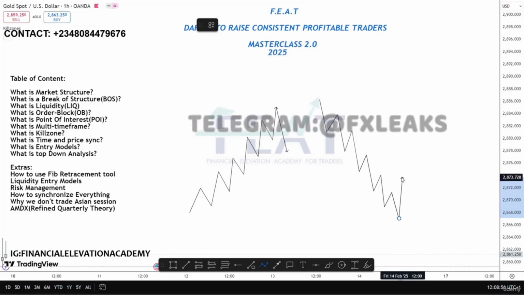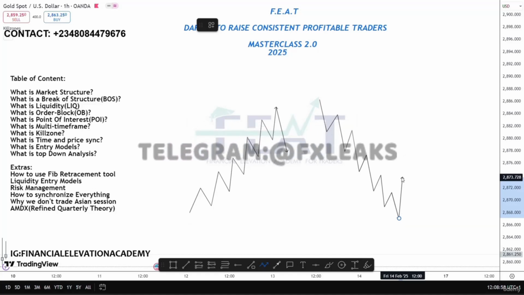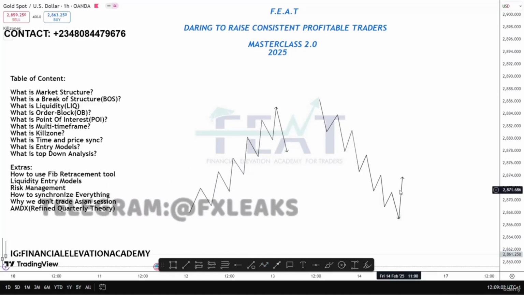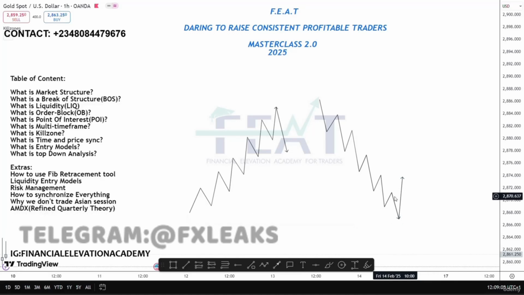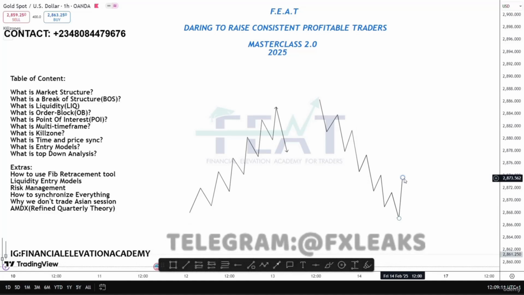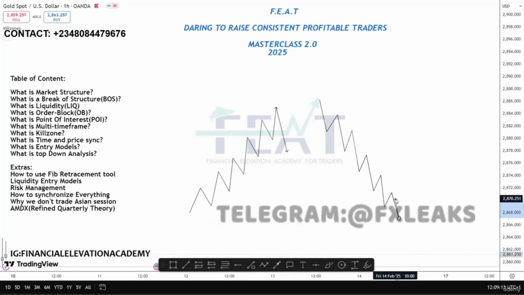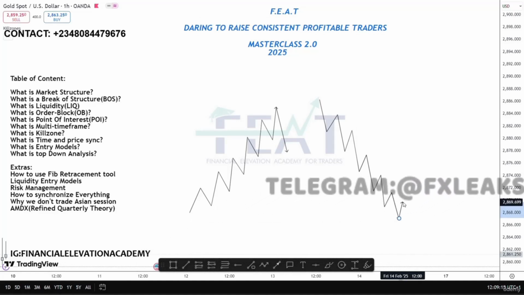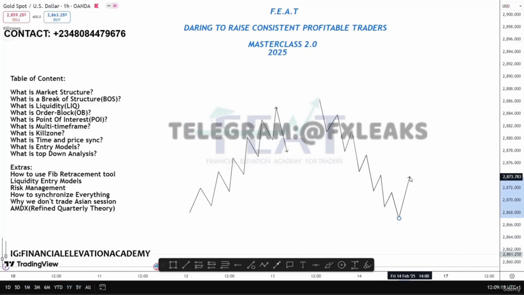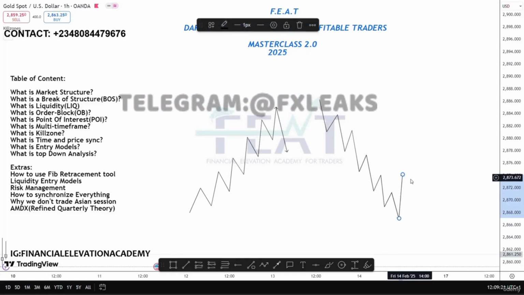It will just go all up, right? And now this right here is a bullish break of structure because it has disrespected the previous high and created a new high here. Normally, it was not supposed to disrespect it. It was supposed to come somewhere in here, retest it, and then create a new low, right? But now, it disrespected it and created a new high.